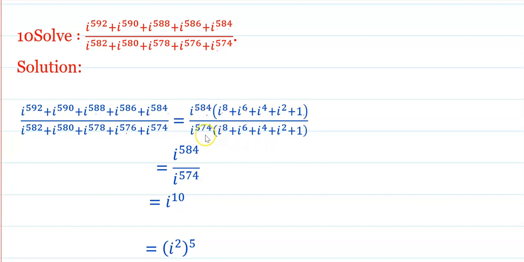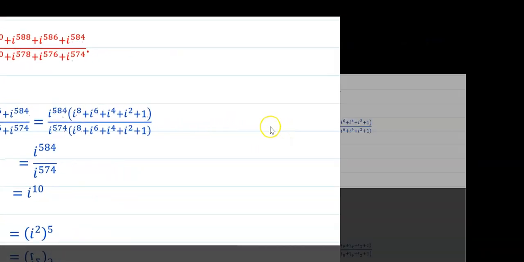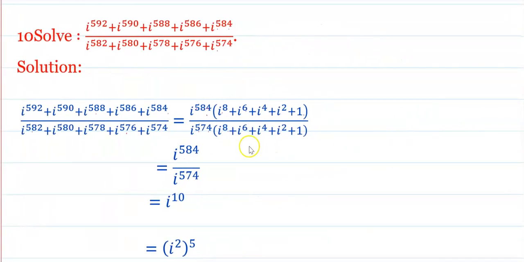Similar to the denominator: 582 minus 574 you are getting i raised to 8. 580 minus 574 you are getting 6, that means i raised to 6. 578 minus 574 you are getting i raised to 4. 576 minus 574 again subtraction you are getting 2, that means i square, and lastly plus 1.